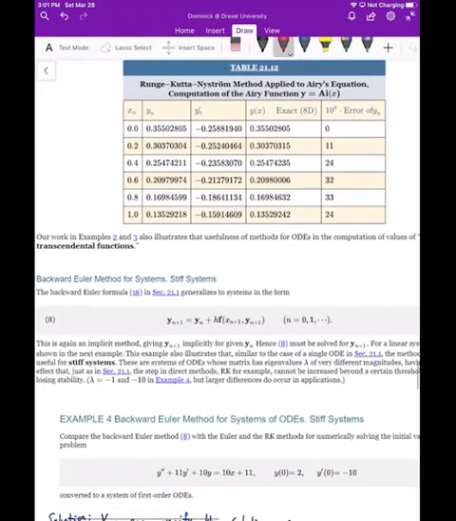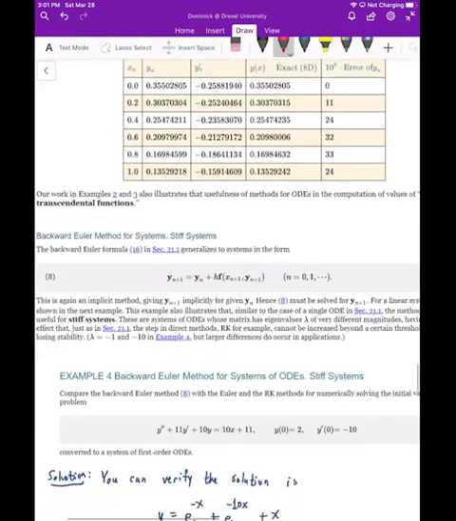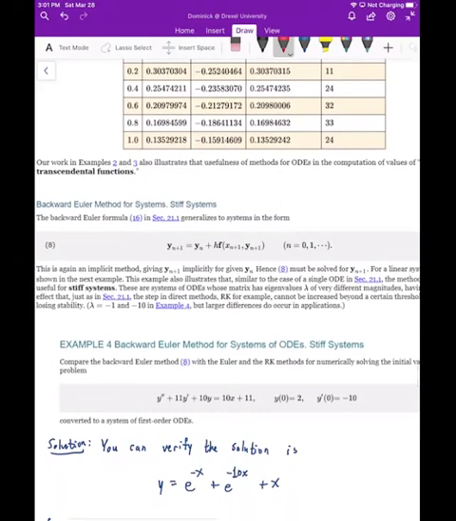Okay, one last thing that I want to discuss is what's called the backwards Euler method, and we looked at this a little bit before, but I want to revisit it and look at what's called a stiff system, right? So just remember that when you have the backwards Euler method, this is an example of an implicit method, right?